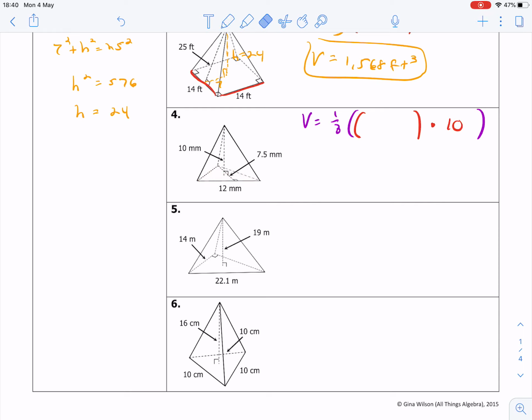Luckily, they gave us perpendicular to the base of 7.5. So 7.5 times the base, 12 times 1/2 as well. So this is going to be actually 1/3 times 1/2 times 7.5 times 12 times 10, which is going to give us 150 millimeters cubed.